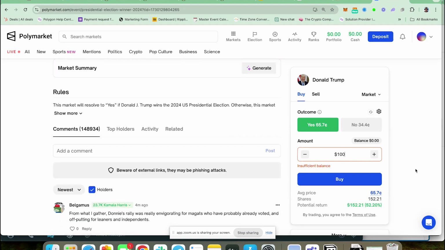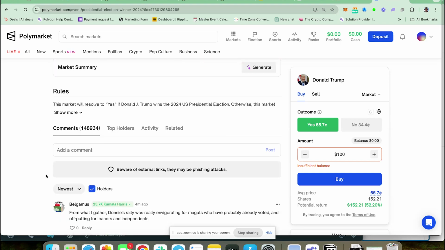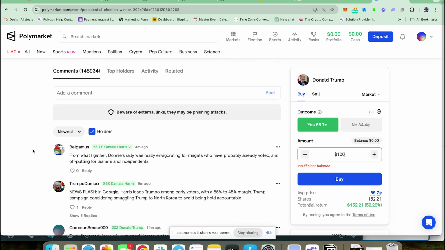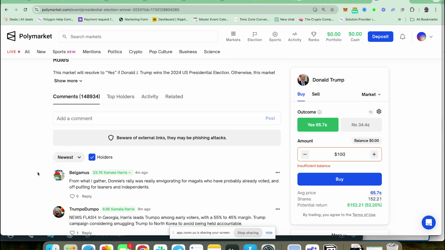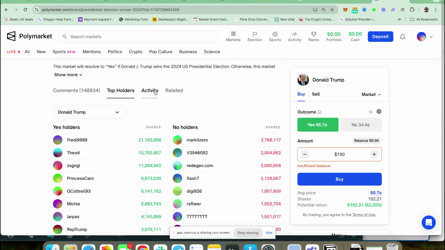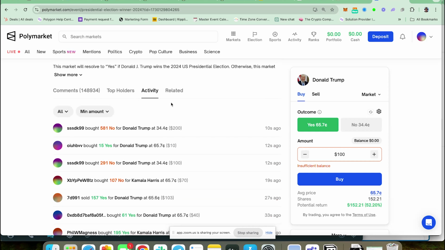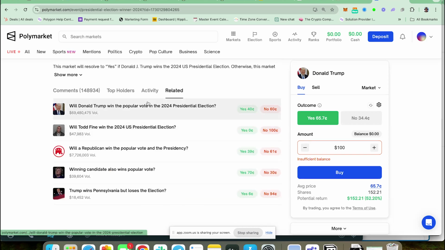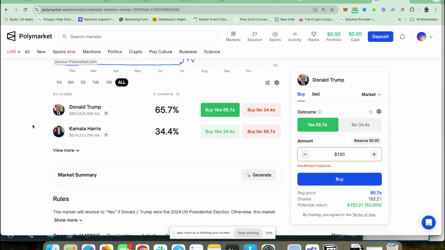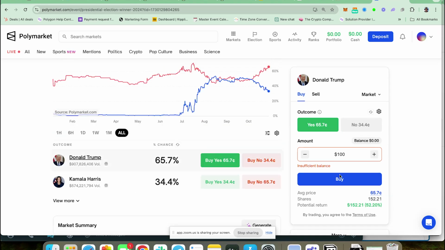Okay. And here, what is interesting, you see there is also a lot of commenting, so there is a lot of opinions and so on. You can see who are the top holders, so it's super public. You can see the activity, who is buying and who is selling, and it also has other related bets. And basically, what is interesting about this is that everything behind it is happening on chain.